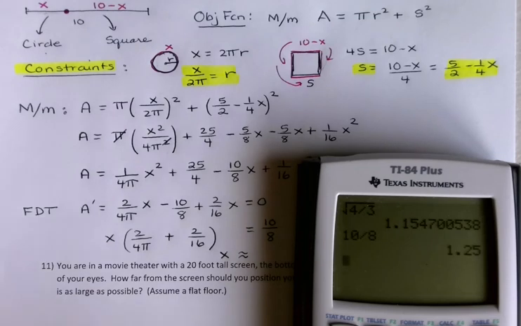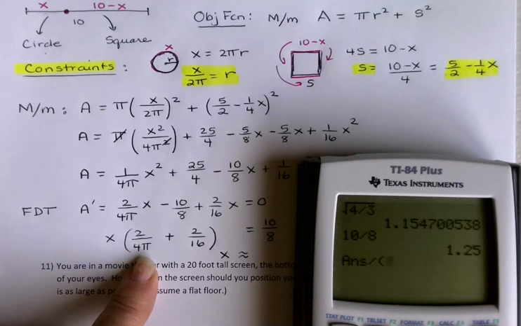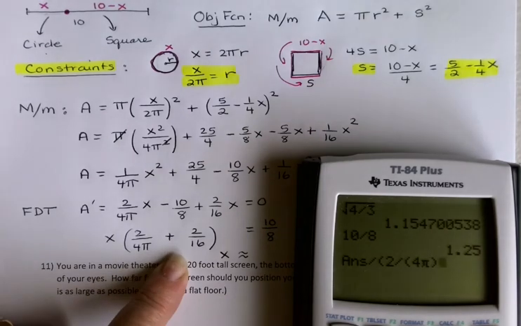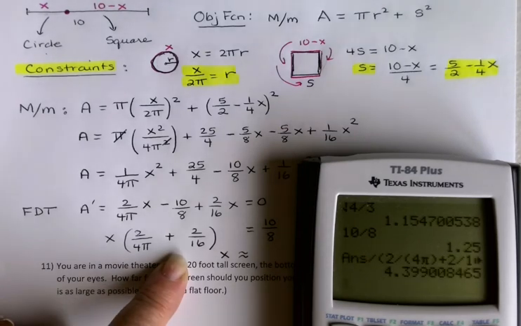So there's 10/8, and I'm dividing by the sum of 2 over 4 pi plus 2/16. And I'm getting about 4.4 there.